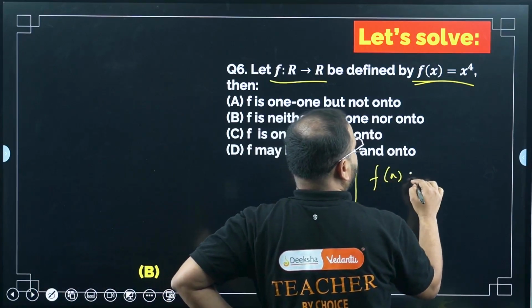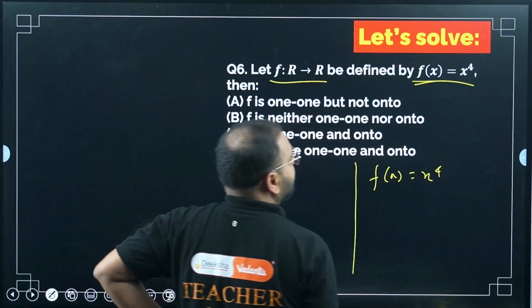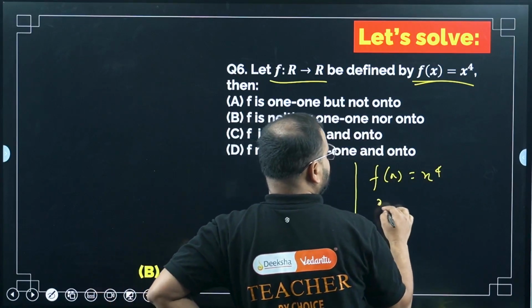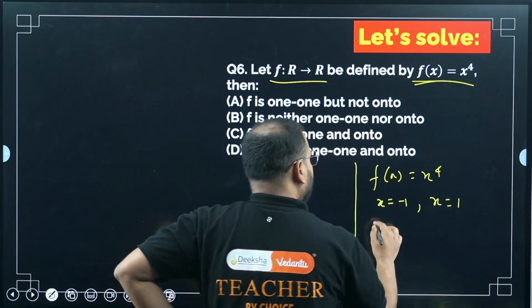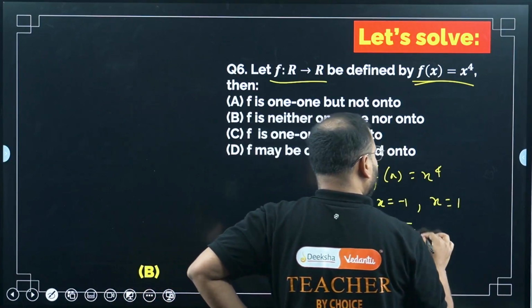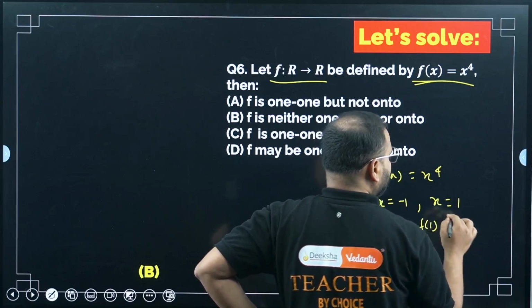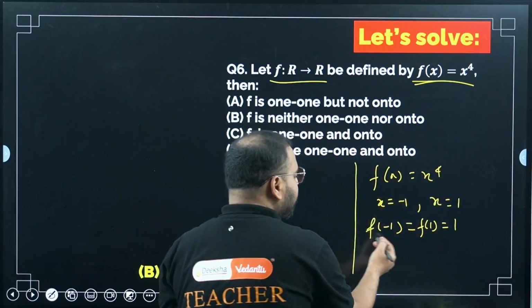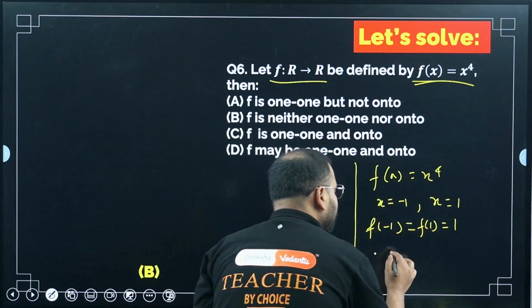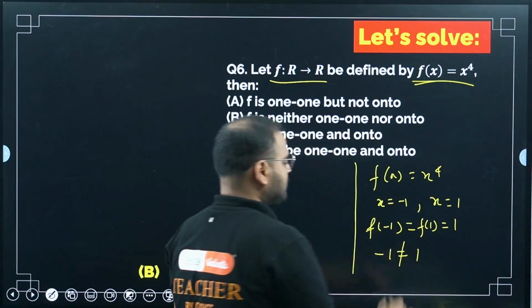f(x) equals x power 4. Let's check one-one. Sir, if I take x equals minus 1 and x equals plus 1, what is the answer? f of minus 1 is equal to f of 1, which is equal to 1, because minus 1 power 4 is 1 and 1 power 4 is 1. But is minus 1 equal to 1? No, sir.